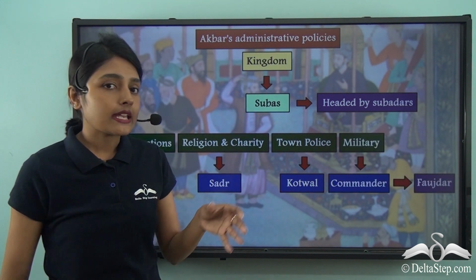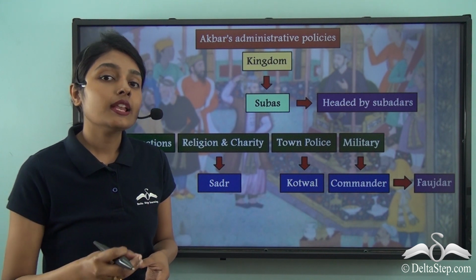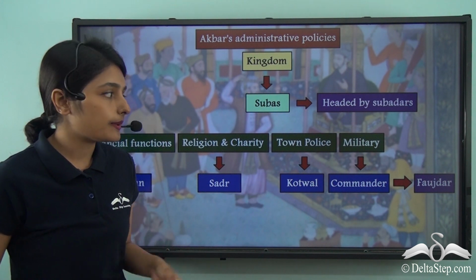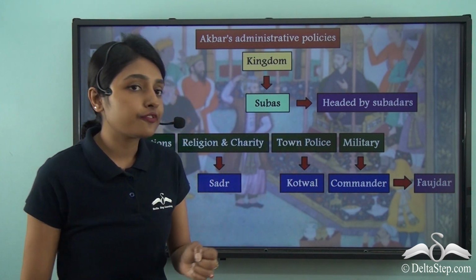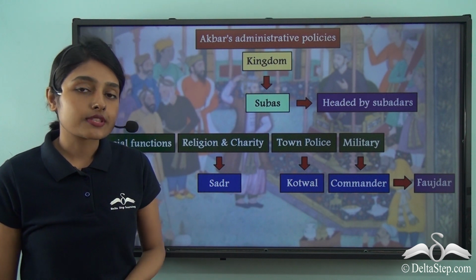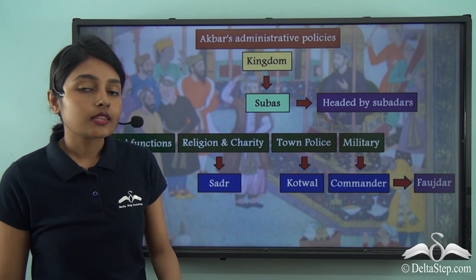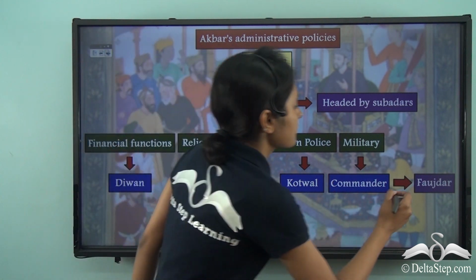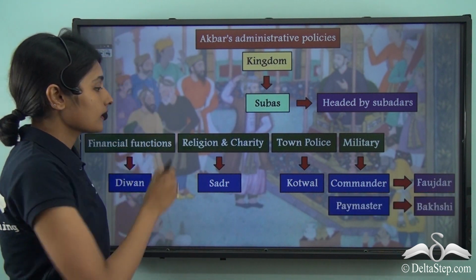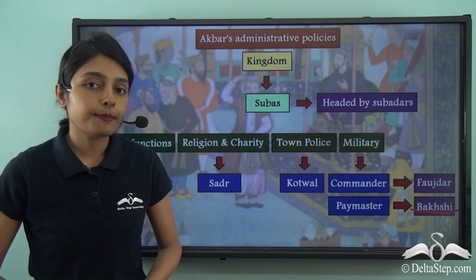We know that these Subas were small provinces. These were small administrative units under the huge Mughal Empire. And so the military forces also required to be maintained in these respective Subas. The military commander in these Subas was the Faujdar, and the Bakshi was the military paymaster.